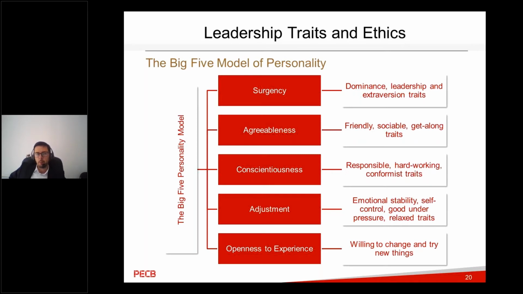And we will see how this Big Five model relates to various studies that have been conducted to understand what these leadership traits are, and whether we can generalize enough to claim that certain traits of people are related to leadership potential as well as ethics. So the five-factor model of personality, or the Big Five, is a comprehensive and unifying framework for identifying these different personality dimensions.